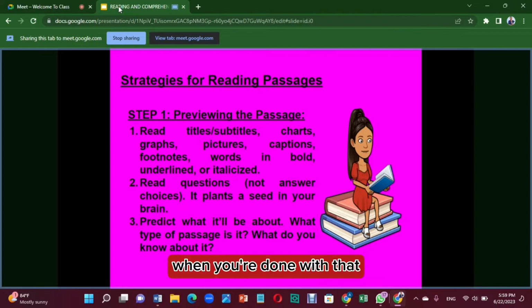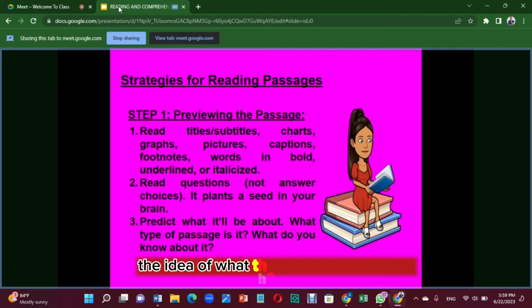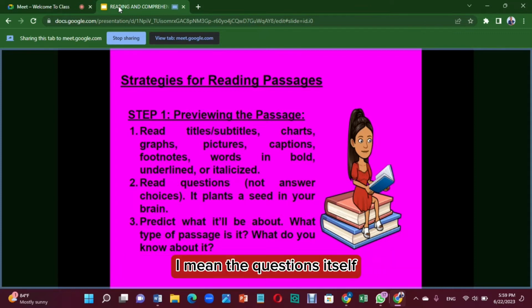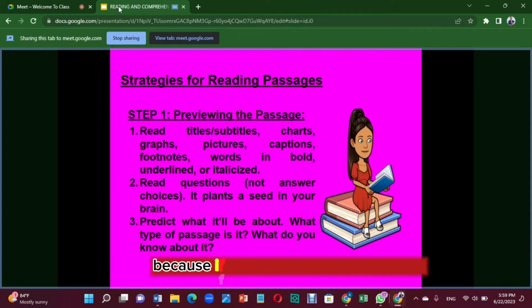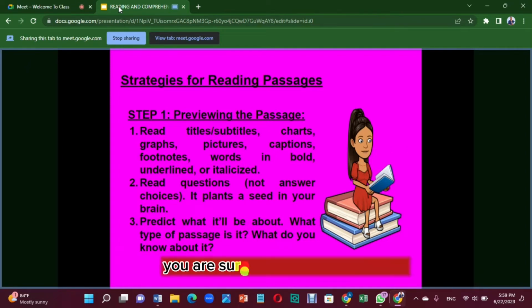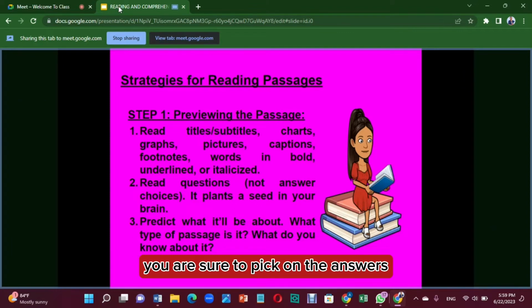When you're done with that, that will give you the idea of what the passage is all about. Afterwards, you read the questions. I'm not talking about the answer choices, I mean the questions itself, because it plants a seed in your brain. Whenever you go back to the passage, you're sure to pick out the answers.